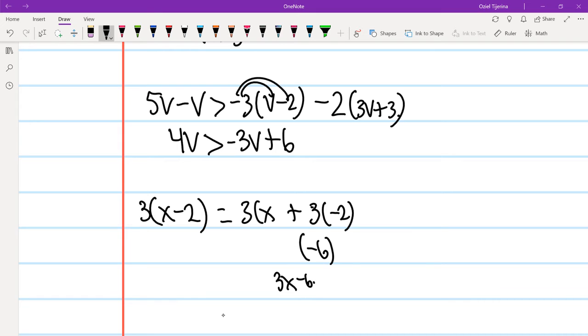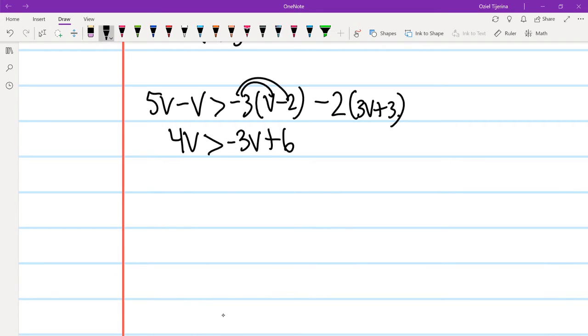So remember, keep that in mind when you're doing these. It's like doing linear equations. I think I covered that in linear equations, but I can't remember. So you do the distributive property, and then you say minus 6v minus 6, my bad.